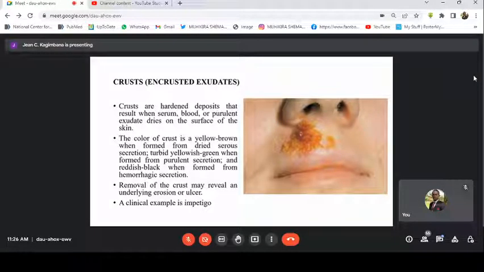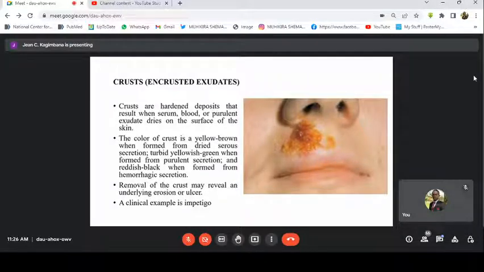And later on, because of scratching, it may be hyperkeratotic regions or mixed. Of course, the color of the crust is yellowish because most of the time they are superinfected with bacteria, like in Staphylococcus infection.